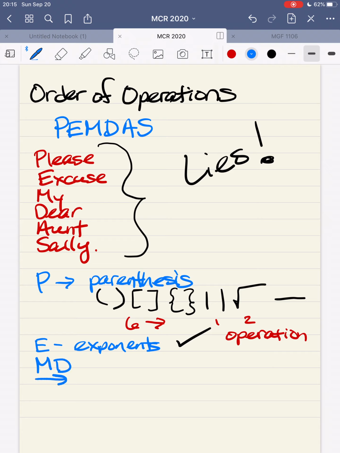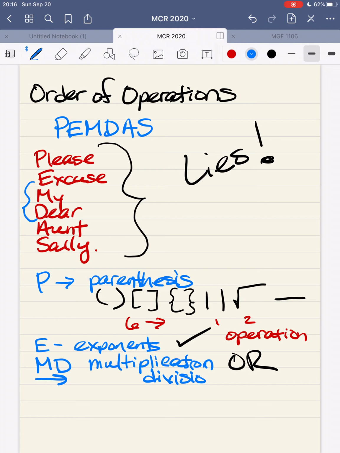Okay? So My Dear is actually a group of things that we need to consider. So we have multiplication or division in order from left to right.